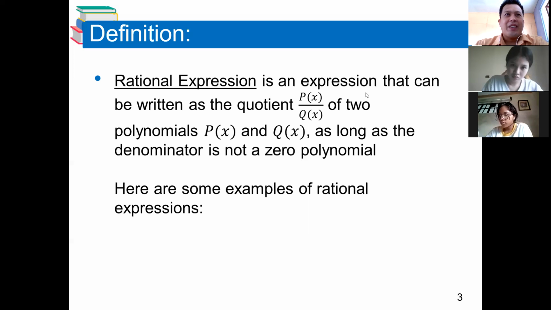Okay, so here are examples of a rational expression. By the way, class, when we further define a polynomial, it is an algebraic expression with non-negative integer exponents. Non-negative means all exponents are positive.